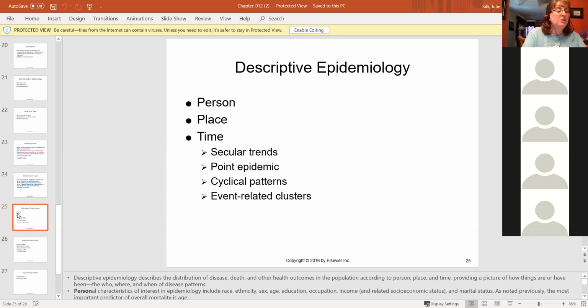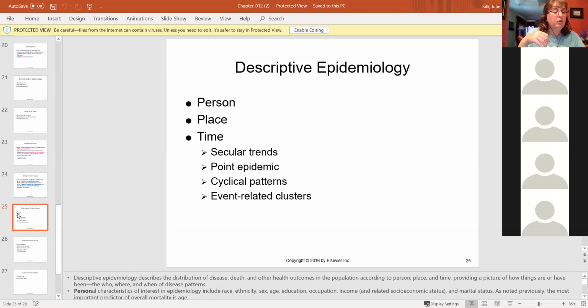When considering the distribution of disease, geographic patterns come to mind. So you might say, does the rate of disease differ from place to place? In relation to time, epidemiologists ask three questions. Is there an increase or a decrease in frequency of the disease over time?